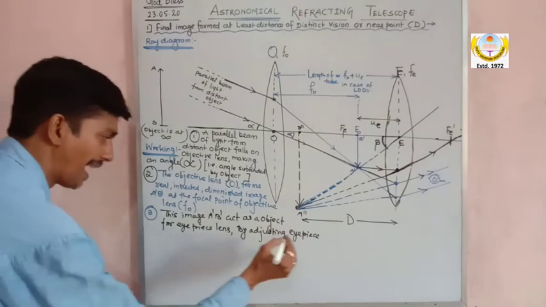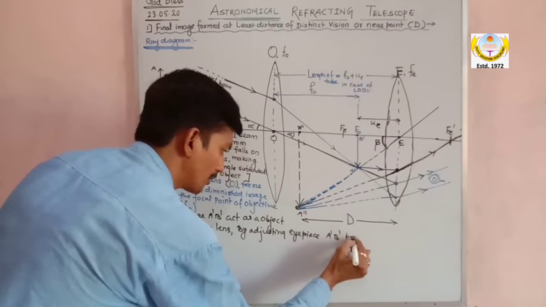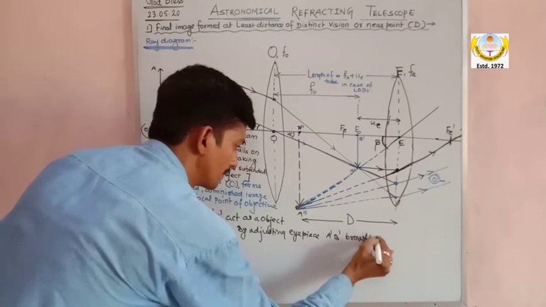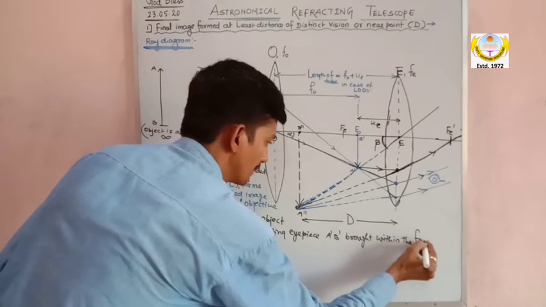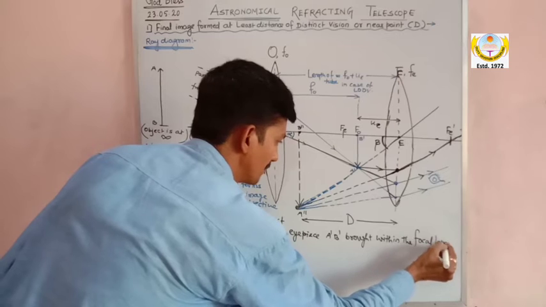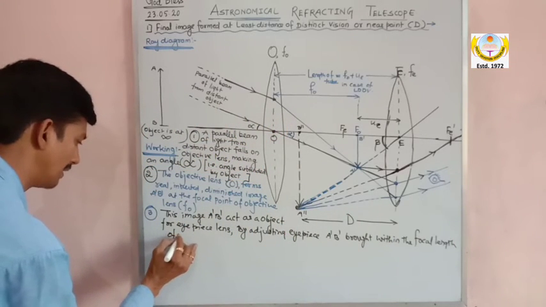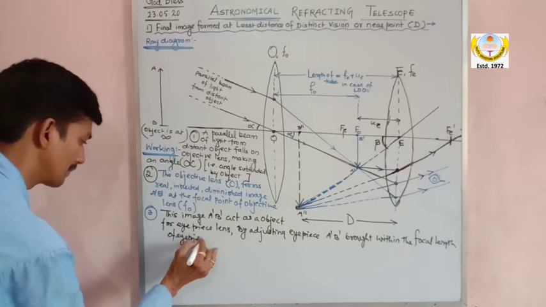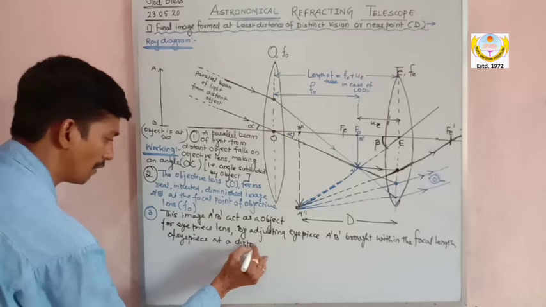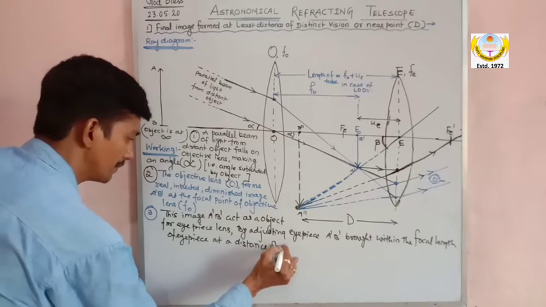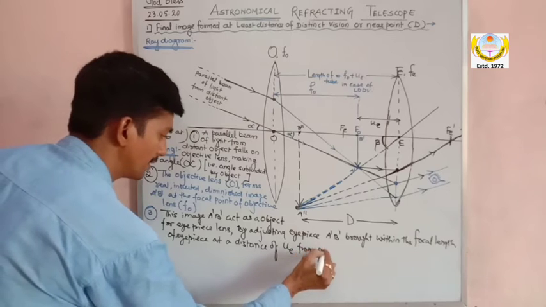A dash B dash is brought within the focal length of the eyepiece at a distance of UE from the eyepiece.